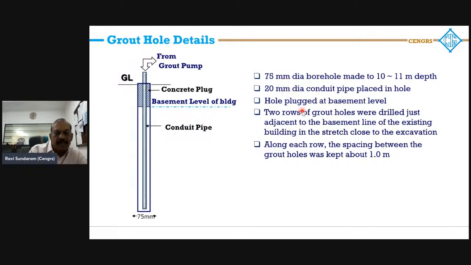We had 20 mm dia conduit pipe, and the hole was plugged at the basement level. So 2 rows of grout holes were drilled adjacent to the basement line, close to the excavation. Along each row, the spacing of the grout holes was about 1 meter, and these were staggered.